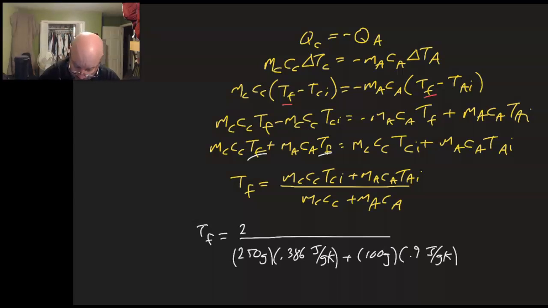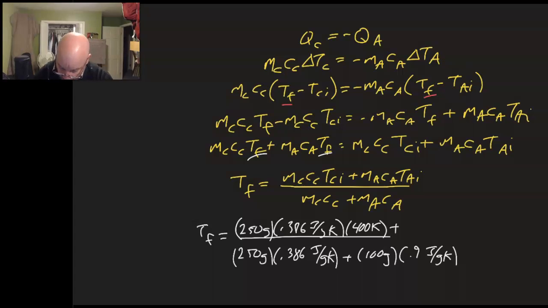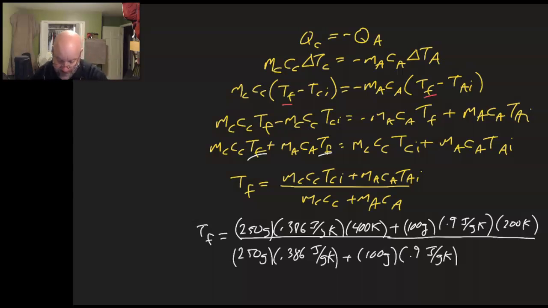And then on the top, I'm going to have 250 grams times 0.386 joules per gram Kelvin, times my TC initial, which started at 400 Kelvin, plus MA, which is 100 grams, and CA, which is 0.9 joules per gram Kelvin, and TA initial, which is 200 Kelvin. Check that action out.